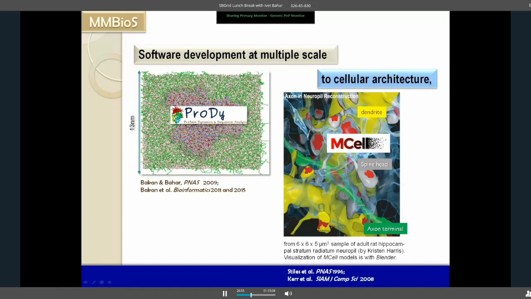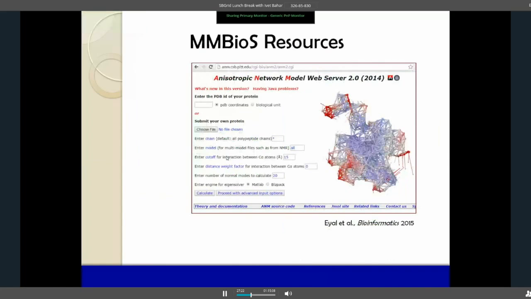So let's come back to ProDy, which will be the major topic of today's talk. ProDy was introduced originally in 2011, and then we had a new version published in 2015. Among the molecular resources that we are using, I would like to cite the three most important.